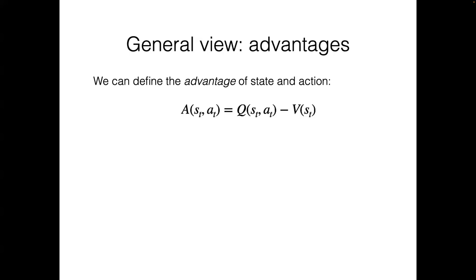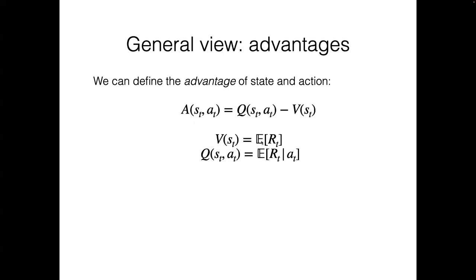Okay, and if you're still with me, I wanted to go into one more thing, which is that you could take this kind of generalized view of what I just told you, using this notion that's called an advantage. So the definition of an advantage is here. You say that the advantage of a state and an action is equal to this function Q minus your value function.